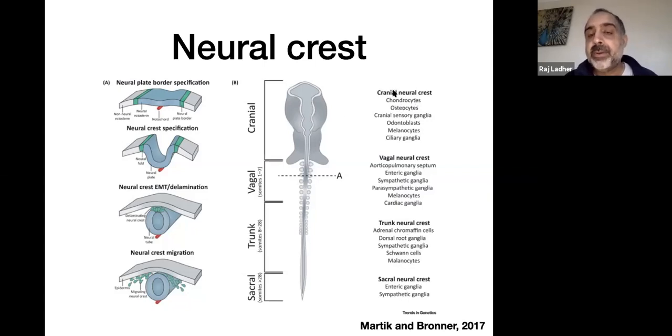But trunk neural crest will not be able to give rise to chondrocytes and osteocytes. So even though the neural crest is a stem cell population and is able to give rise to different cell types, the potential of these stem cells is limited by the position from where it has arisen. And I'll show that in the next few slides.